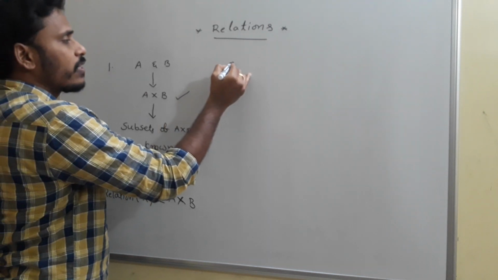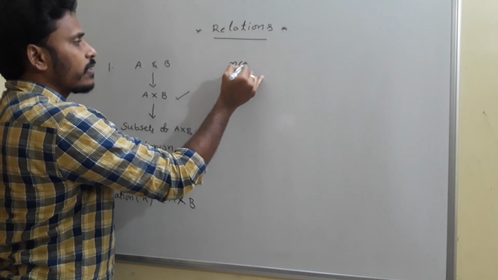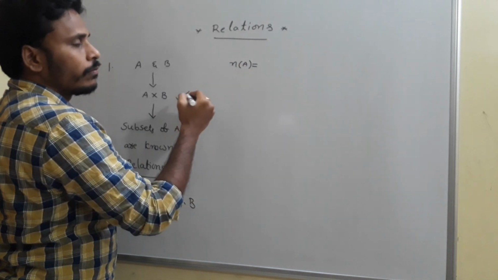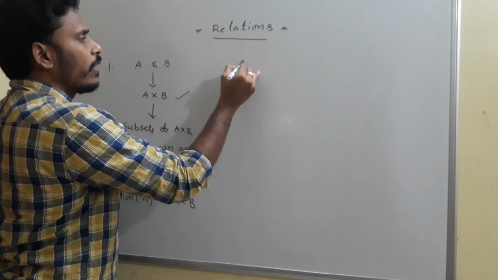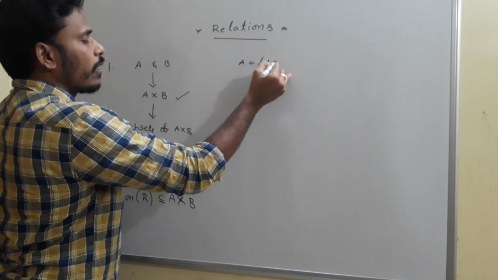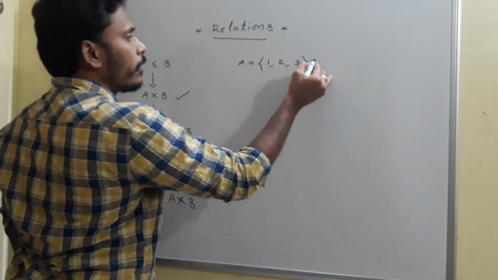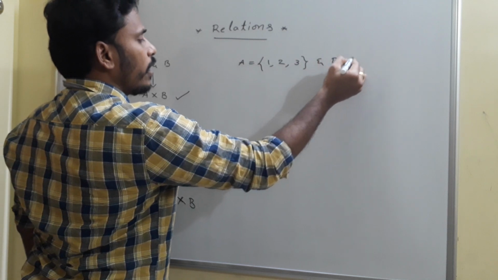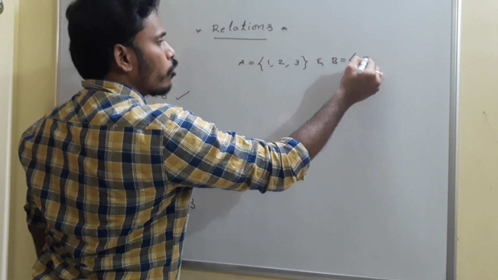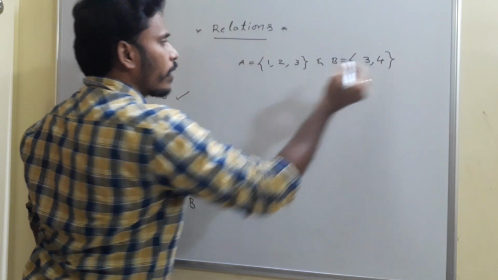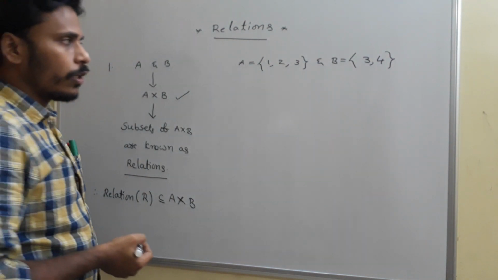Once again, just have it. Suppose I have a set A, and I will give you an example. Take A with elements 1, 2, 3, and set B with elements 3, 4. Set A consists of 3 elements 1, 2, 3.